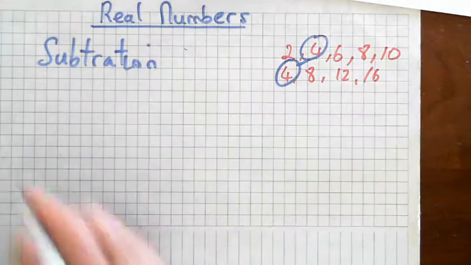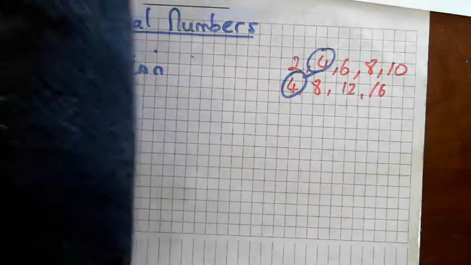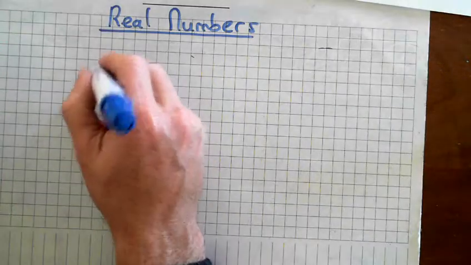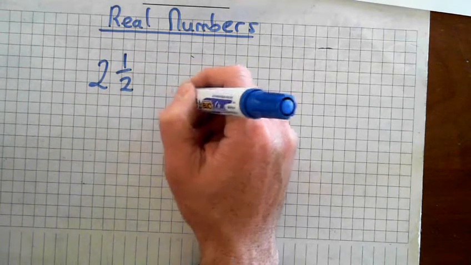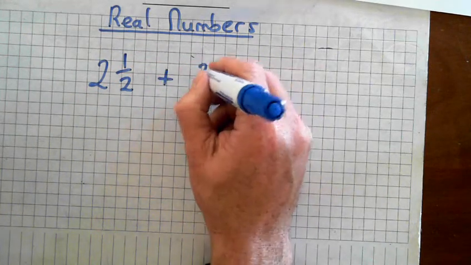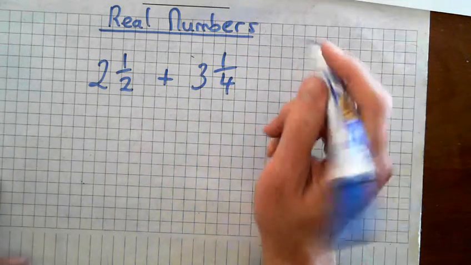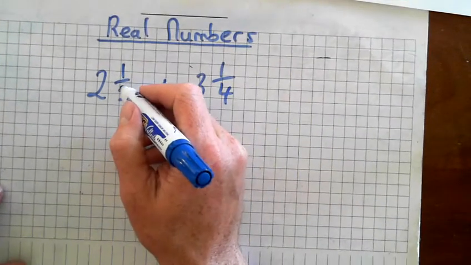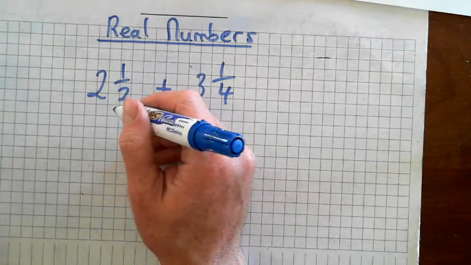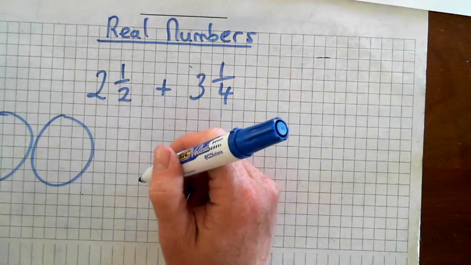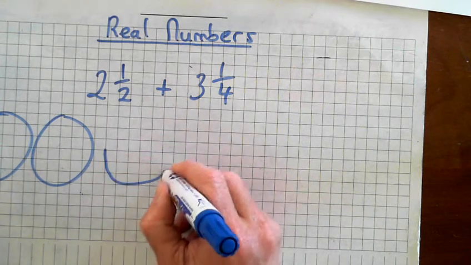Right, let's say in addition, what happens if you have 2.5 plus 3 1/4? How many halves do you have altogether? So let's say 2.5. There's 1 pizza, 2 pizzas, and you've got a half.